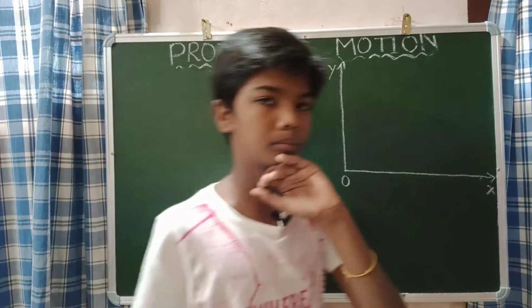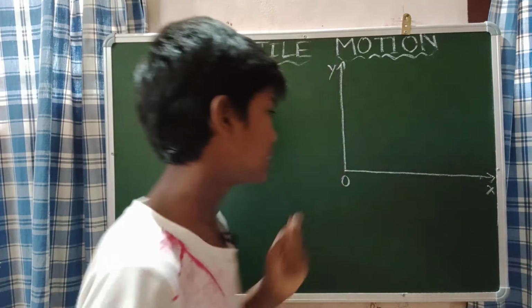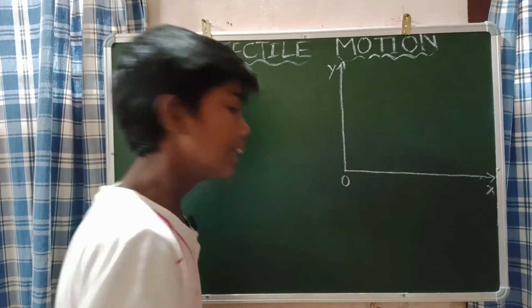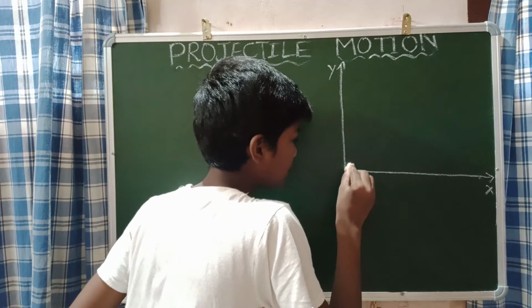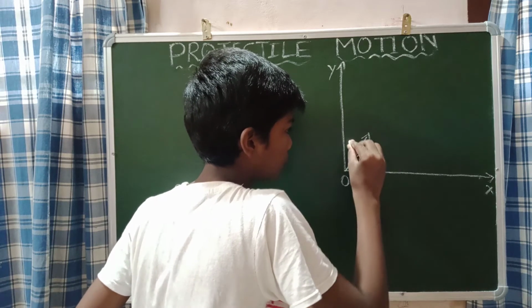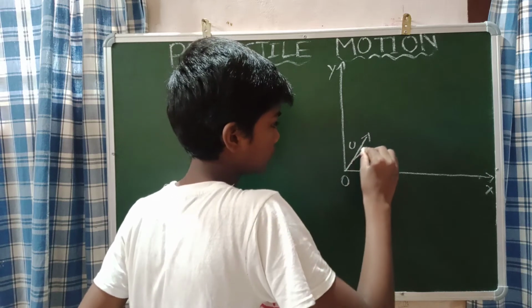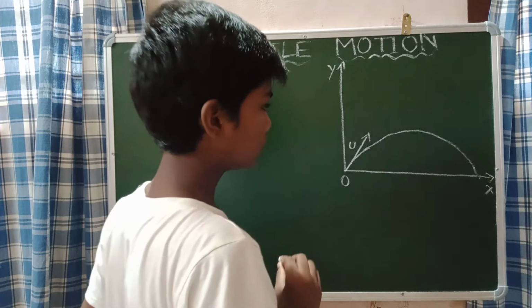We all know that. Now, let me say that an object is projected from this origin with an initial velocity of u. The object is projected, that means the object moves like this. This is how the path looks.